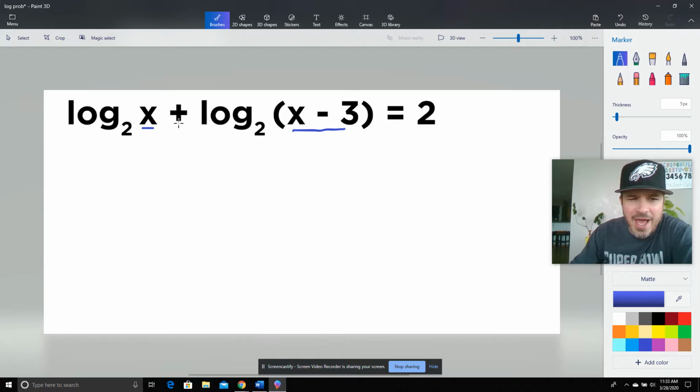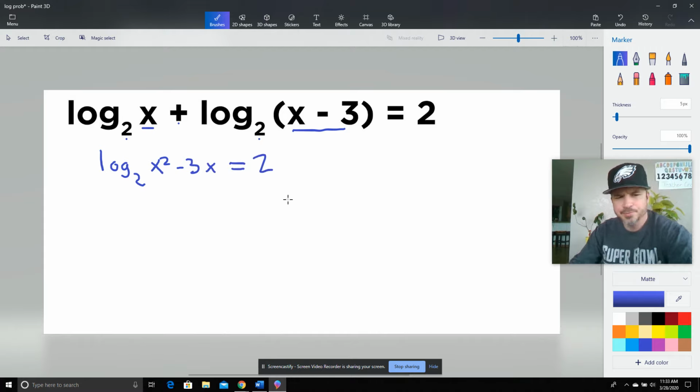But if we add logs with the same base, then we really just multiply their inputs. So this could be rewritten as log base 2 of x squared minus 3x, which is equal to 2. Okay? So what we've done is we've made this one log instead of a log plus a log, right?